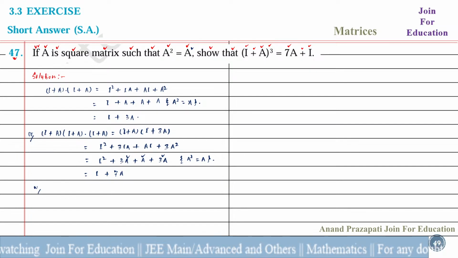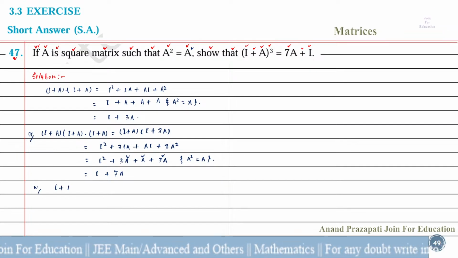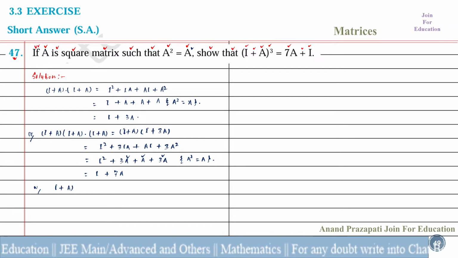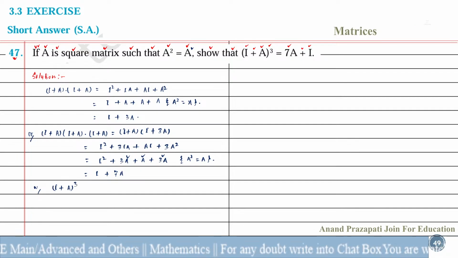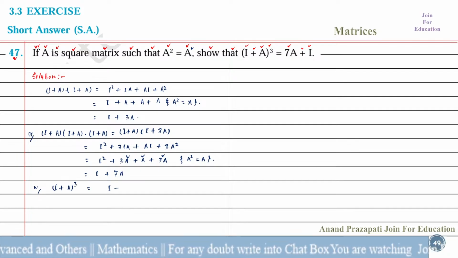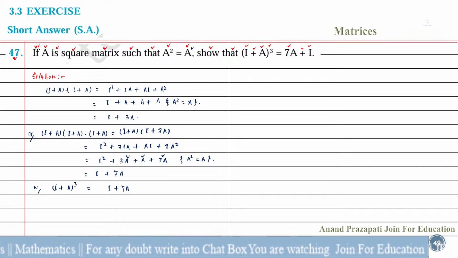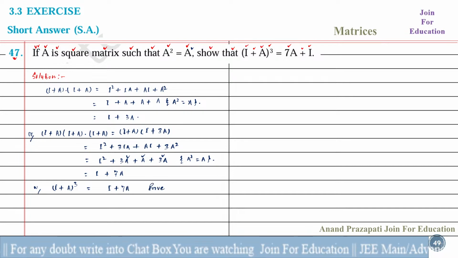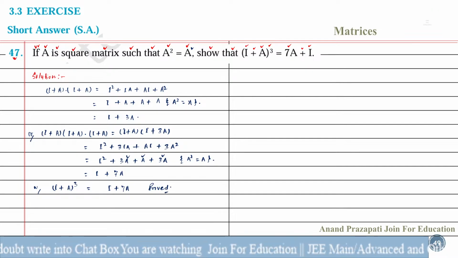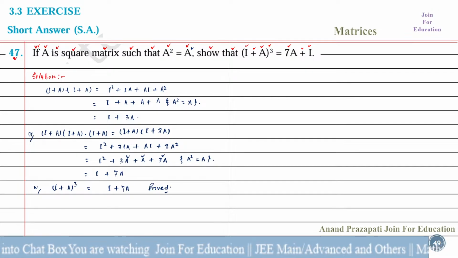Therefore, we write down here (I plus A) to the power 3 equal to I plus 7A. Proved. Of that there is no problem to understand the solution of this question.